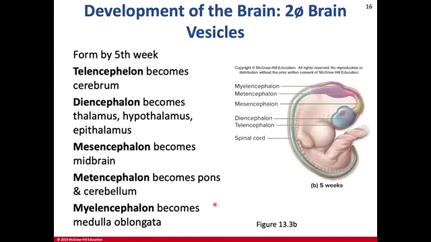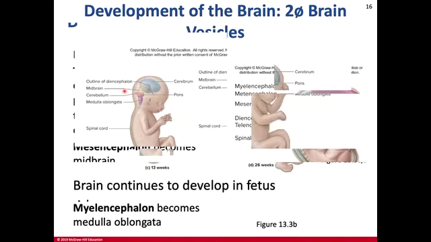Okay, so in terms of what shows up, right? The medulla is going to show up before the cerebellum, which is going to show up before the midbrain, which is going to show up before the diencephalon, and the last thing to develop is up here. It's the telencephalon, and that again is mirroring the development of the nervous system in evolution.